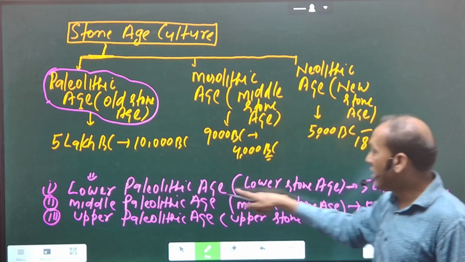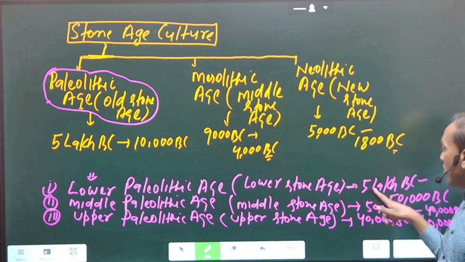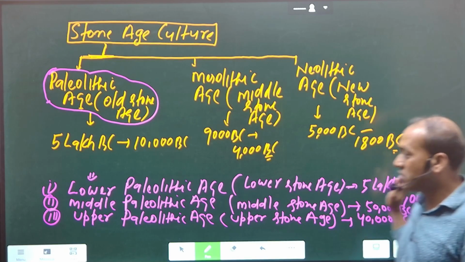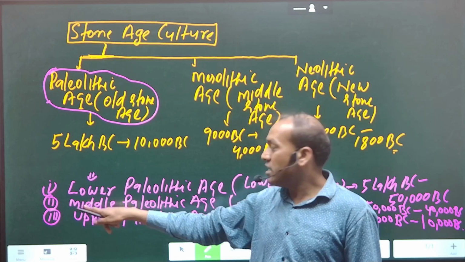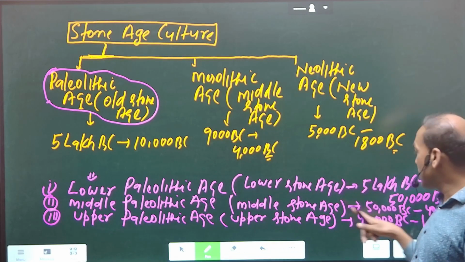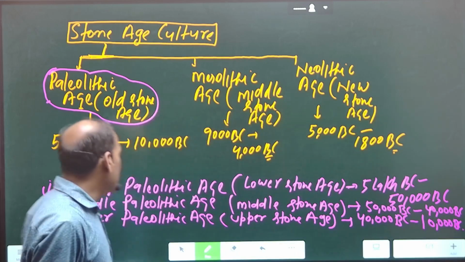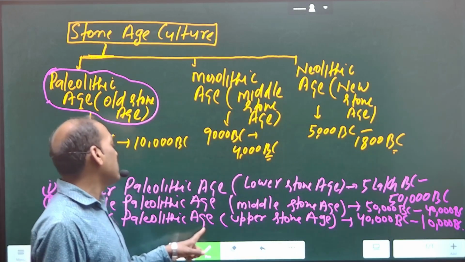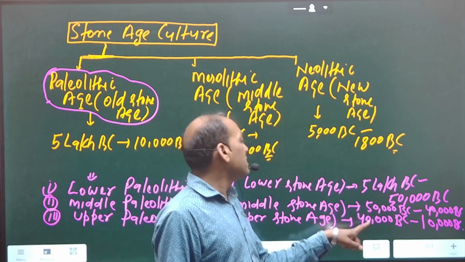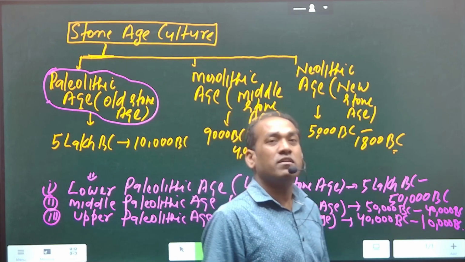First is lower Paleolithic age, lower Stone Age, 5 lakh BC to 50,000 BC. Second is middle Paleolithic age, middle Stone Age, 50,000 BC to 40,000 BC. And third is upper Paleolithic age, upper Stone Age, 40,000 BC to 10,000 BC.